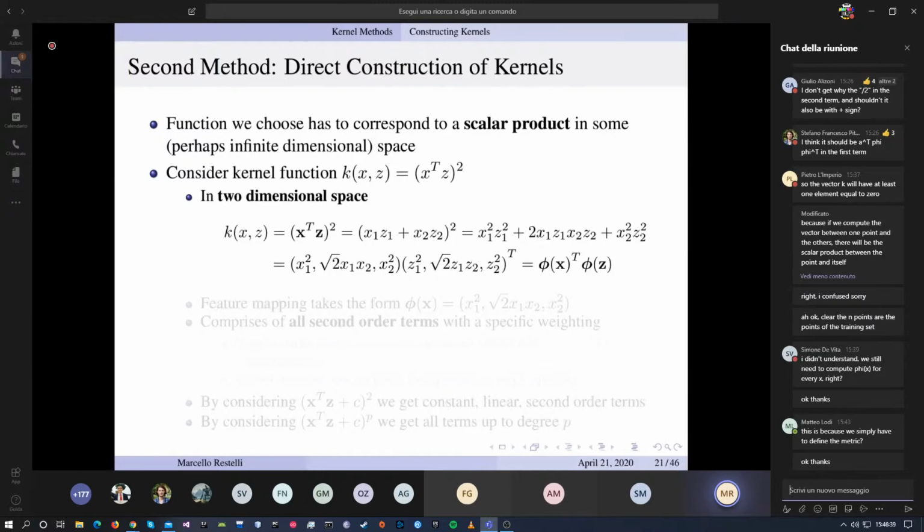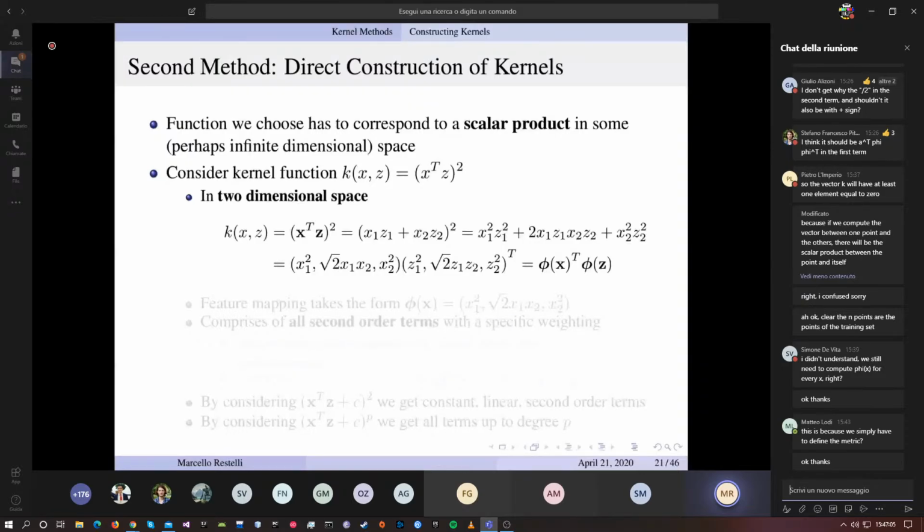So this means that the kernel, scalar product of x and z squared, is valid because you have found a feature expansion that obtains this result. But pay attention: when you compute the solution with the kernel method, you do not need to use the feature expansion. It is enough to use the kernel function.